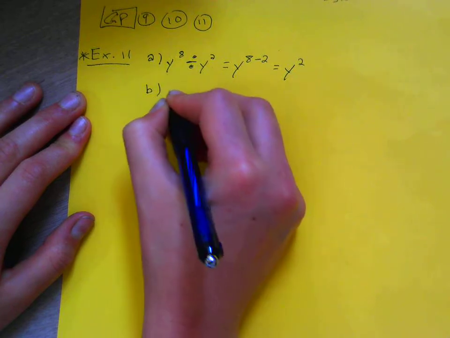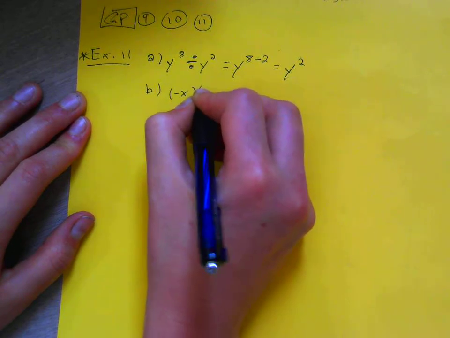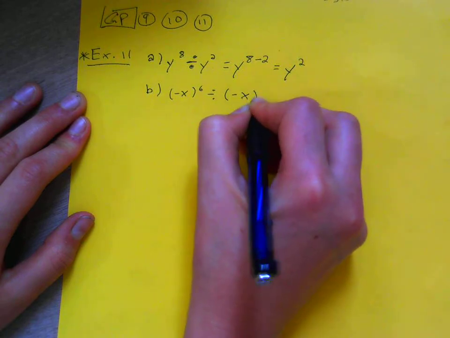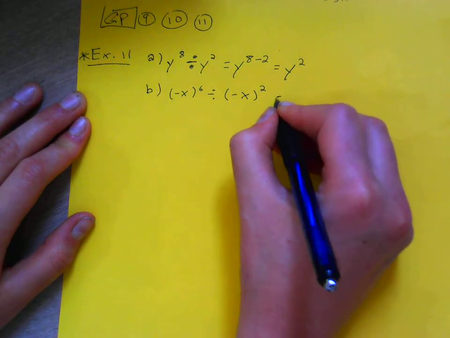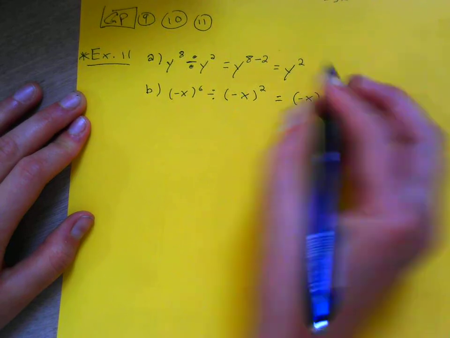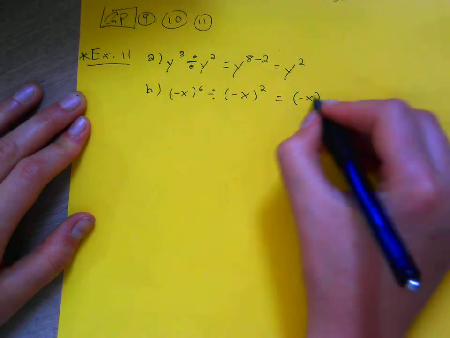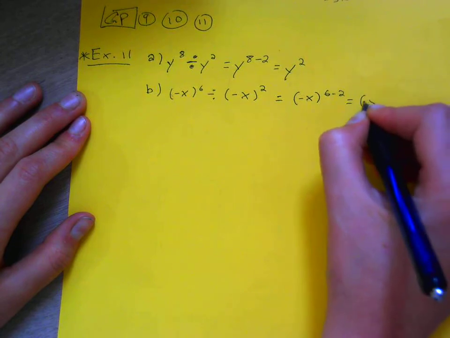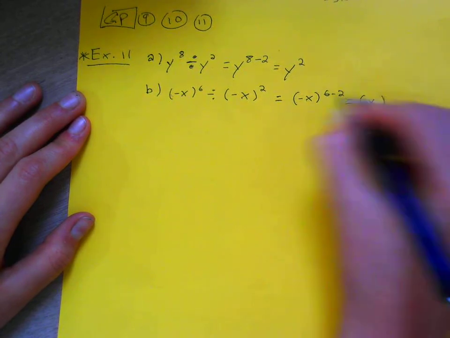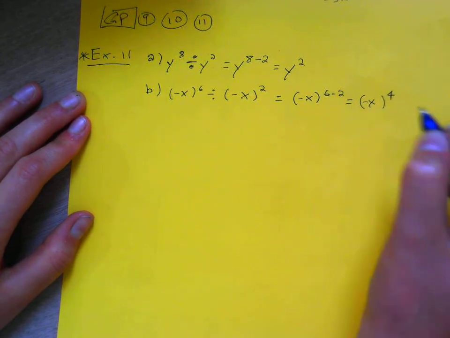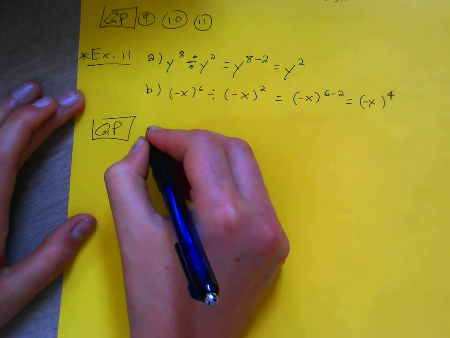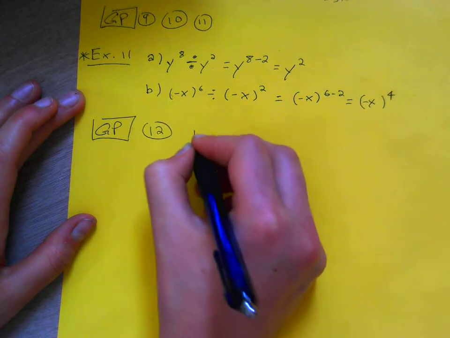B, negative x to the 6th power divided by negative x to the 2nd power equals negative x. Notice we're still keeping this inside. Negative x to the 6 minus 2 equals negative x to the power of 4, and that is our answer. Go ahead and try guided practice 12 and 13.